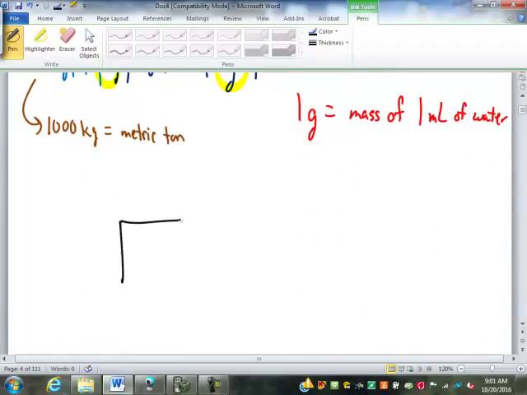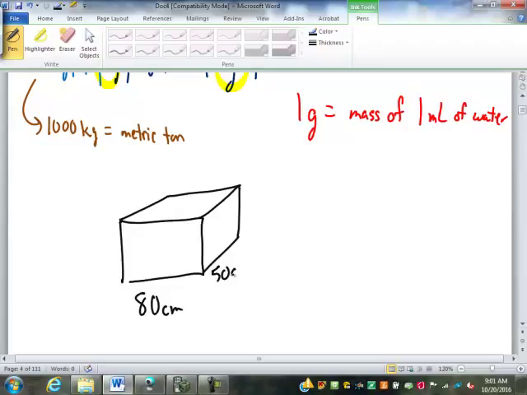If I have a tank, and to keep it simple I'm going to use a rectangular tank, let's say we measure it as 80 centimeters by 50 centimeters by 20 centimeters.